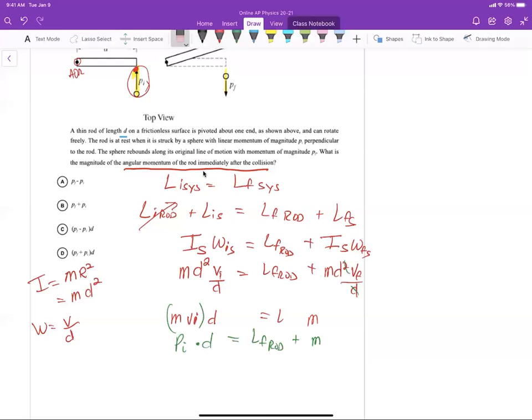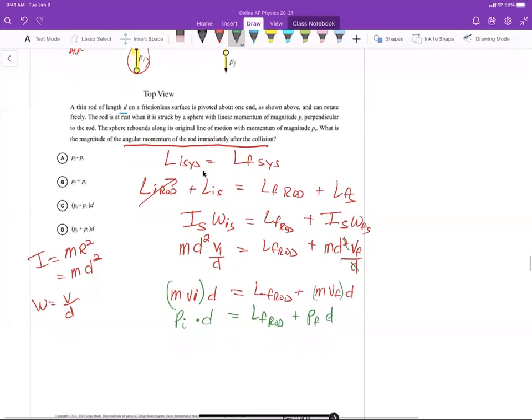Okay, let's see if we can do this in a way that makes sense. L final of the rod is what I'm looking for. Then I have m times v final times d, and that will simplify into the final linear momentum, because that's what this is, times d. Rearrange by subtracting the final momentum.